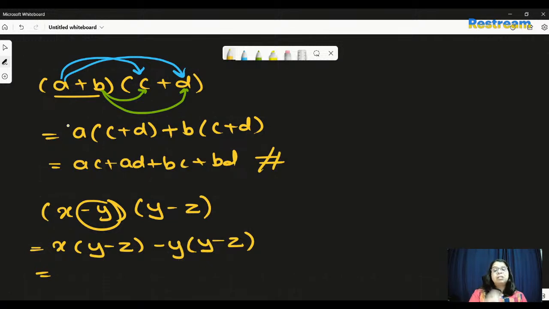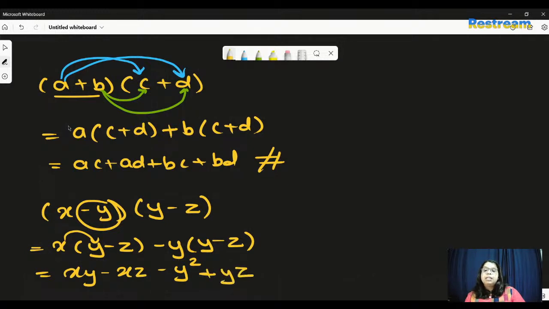So always make sure that you know how to handle your negative signs. Okay. So now we are going to open these brackets as usual, xy minus xz minus y square, minus y into minus z, plus yz, because negative into negative will become positive.